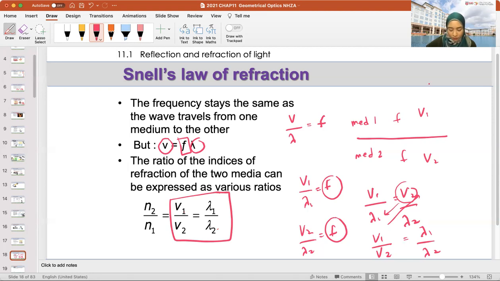Moving on. How do I get the N1 and N2? Remember that we talked about index of refraction.